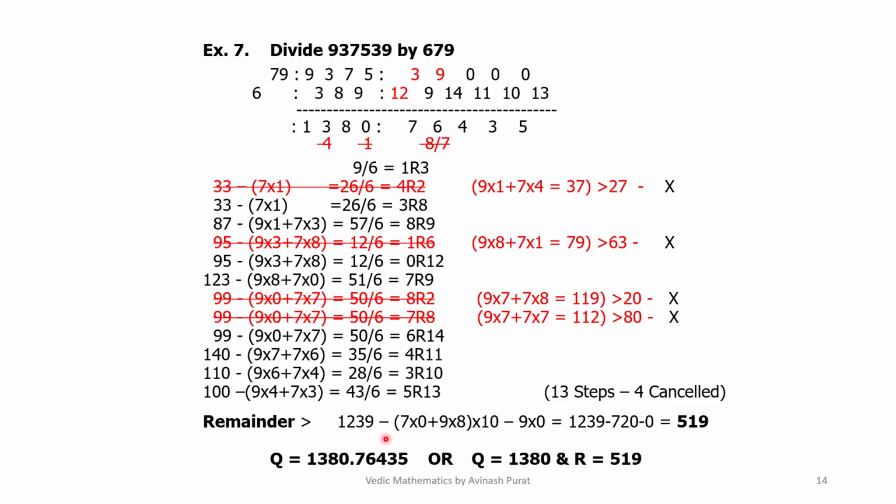So 1239 minus 720. 9 8s are 72, 72 into 10, 720 and 0. So 1239 minus 720 is equal to 519. Now quotient is 1380.76435, or quotient is 1380 and remainder is 519.